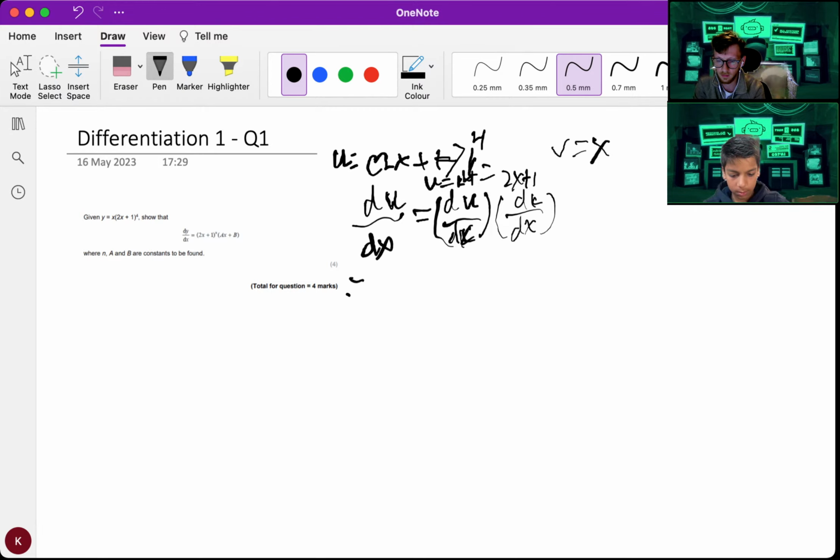So wait, let's just note dv/dx equals 1. Then the derivative of u with respect to k is 4k cubed, times dk/dx, the derivative of k, which is 2.